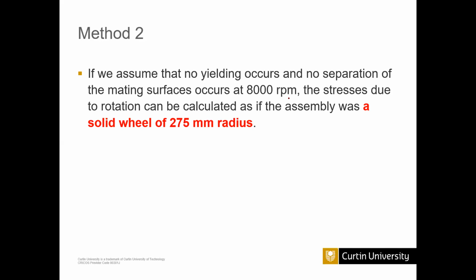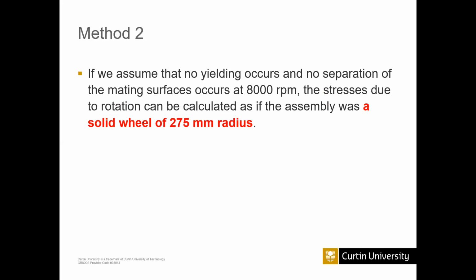Then that bimetal can separate and bend to the other side like that. So separation can happen due to rotation. So we need to consider that separation does not happen and no yielding at that contact point due to that rotation. So those are two assumptions, at the mating surface at 8000 rpm.